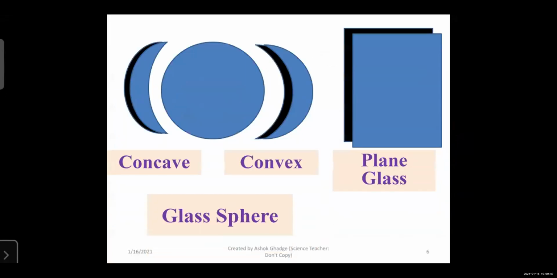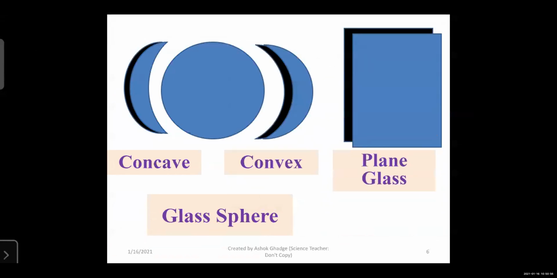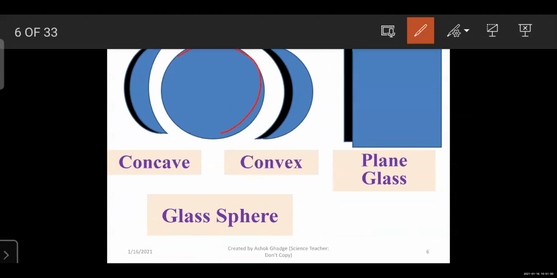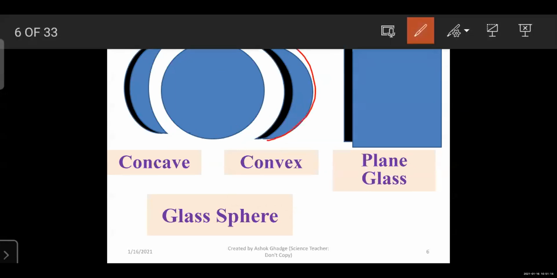If we take plain glass, it will be a plain mirror, and if we take a sphere of that glass, a curved part of that glass, we will see the convex part, that is the part from outside, and the concave part, that is from inside.